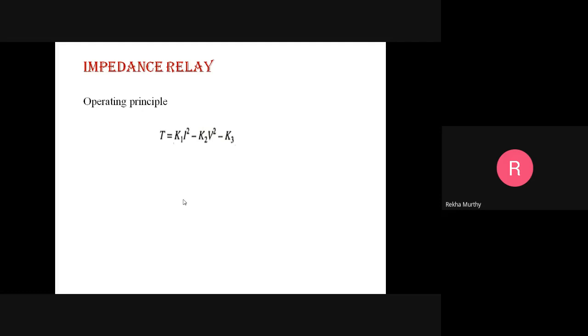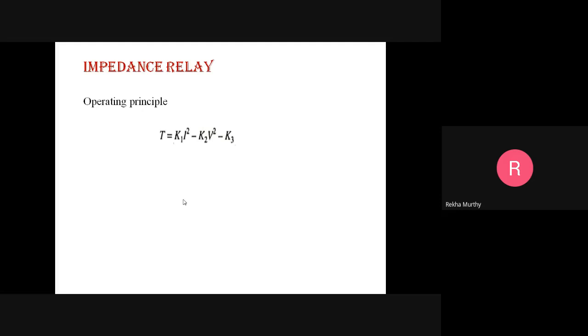In the previous modules we discussed that torque is directly proportional to either I square, or V square, or a combination of V into I. The proportionality constant is a K. Here we have taken the individual terms, so there are three individual constants, K1, K2, K3.